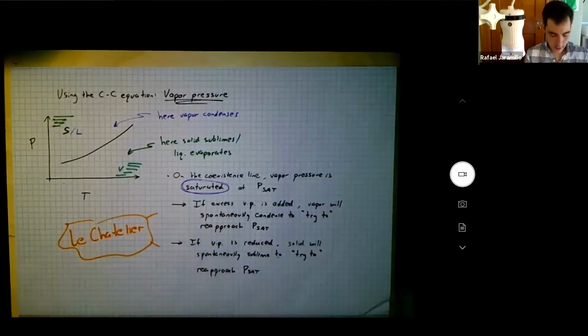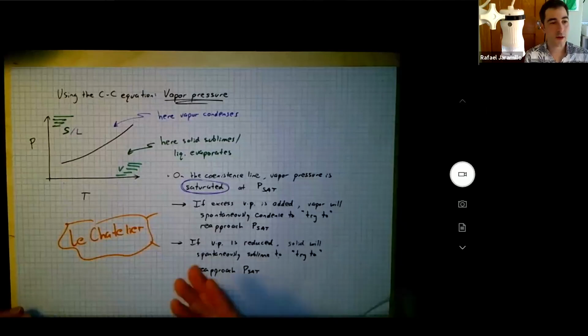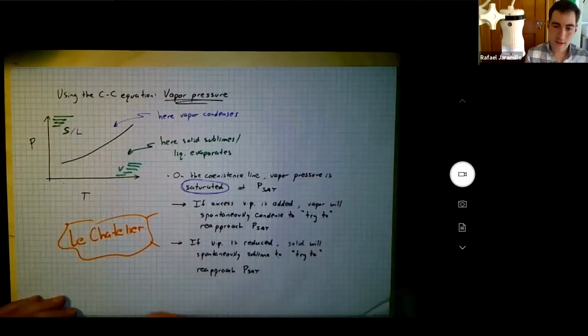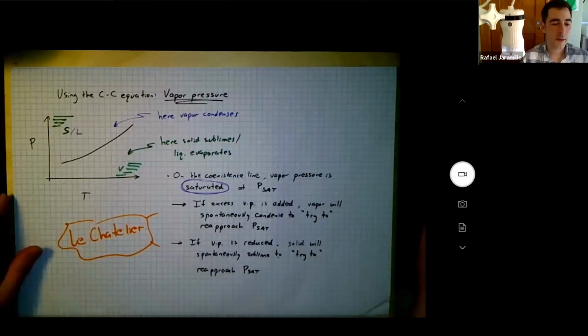That is, nature reacts in such a way to counteract any external impulses. Or in other words, it's stubborn. It will resist you by any means possible. So in this case, you're on the coexistence line. It has a means of resistance, which is this phase transformation. And it will use that phase transformation to try to resist the changes which you impose. All right, so I hope that's a little bit intuitive.